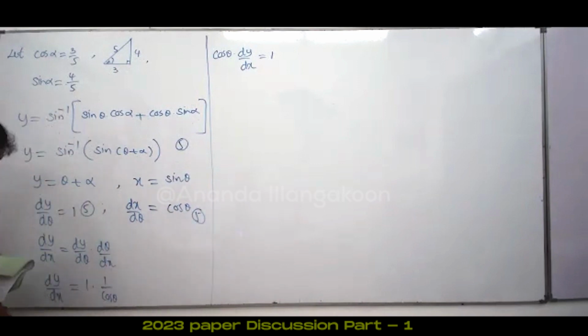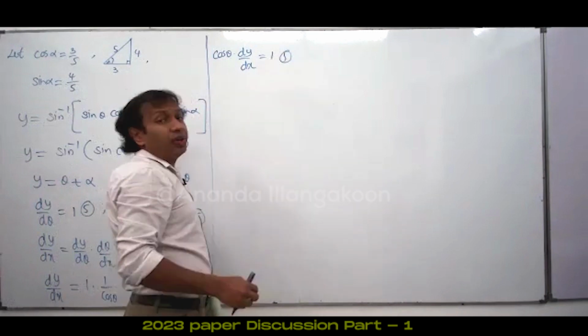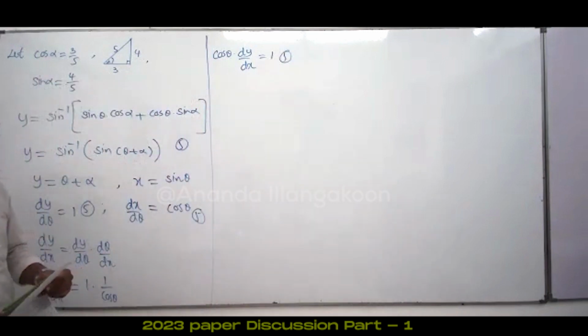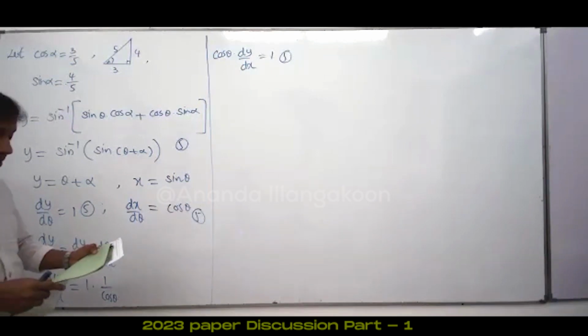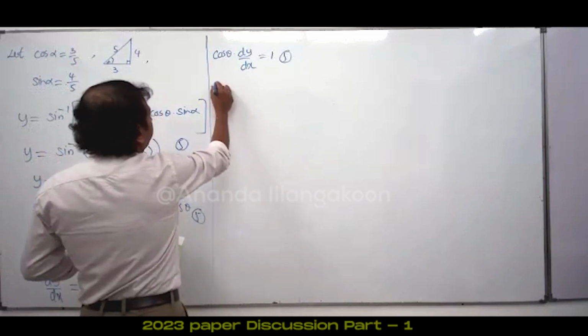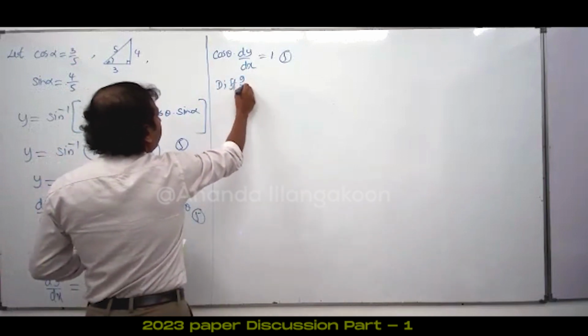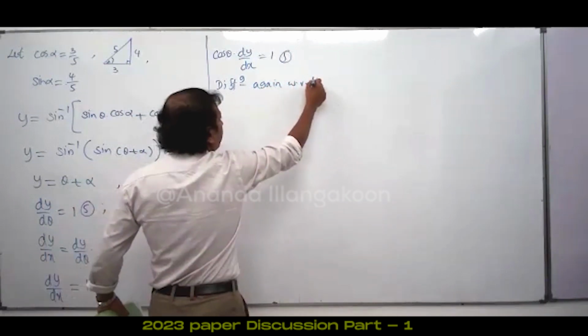This one is 5 marks. Now what do we do, people? Again, we differentiate this. Once we differentiate again, you can write differentiating again with respect to x.